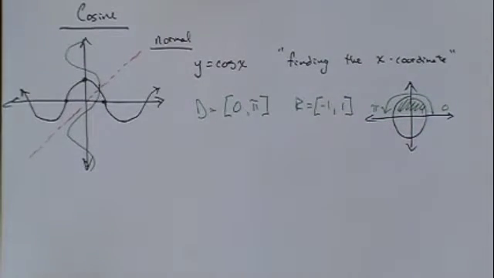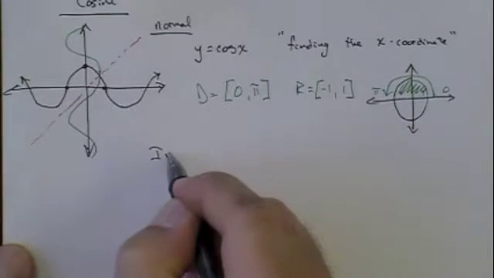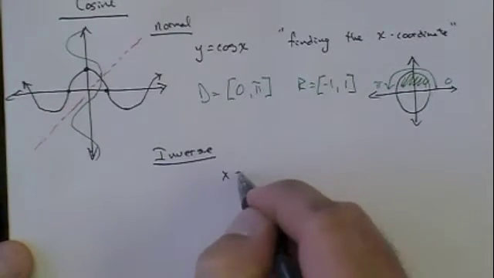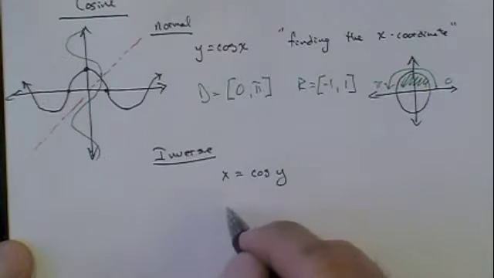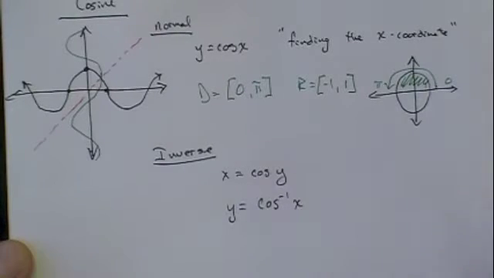So now when we look at that inverse, we're saying that x is equal to the cosine of y. So again, solving here, we have y is equal to the inverse cosine of x.